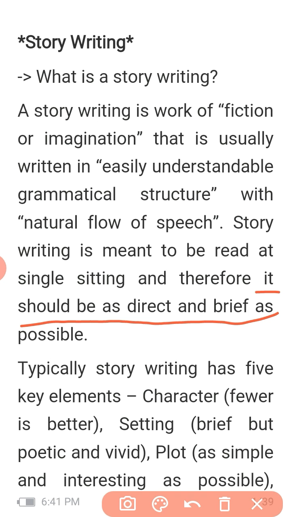So a story should be written in such a way that you should be able to read it in one single sitting. Single sitting means एक ही बार में आप पढ़ लो, so you will not give a gap. आज आधी पढ़ लेते कल फिर से पढ़ लेंगे, it should not happen with the reader. You should be able to hold the attention of the readers.